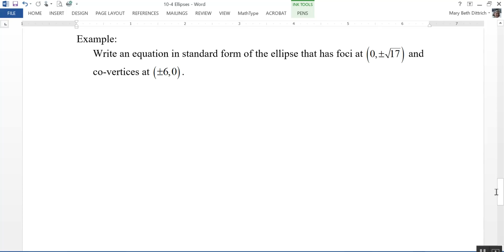This one says write an equation in standard form of the ellipse that has foci at 0, comma plus or minus square root of 17, and co-vertices at plus or minus 6, comma 0. Again, I'm going to do a little sketch.